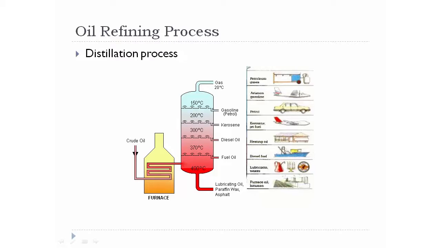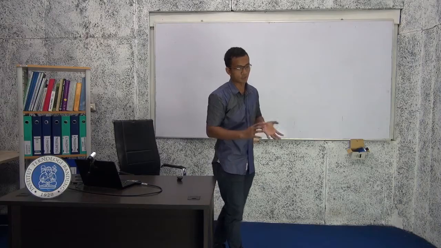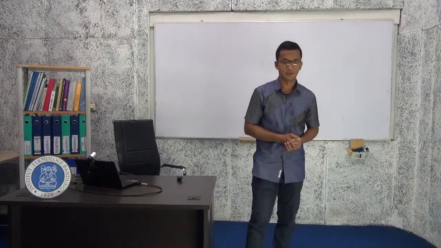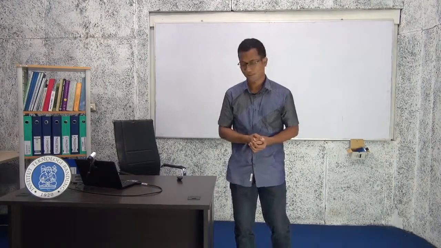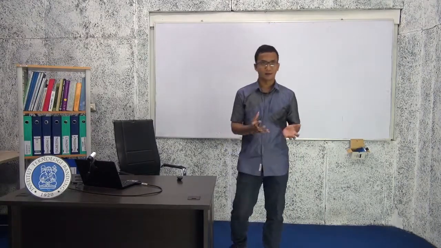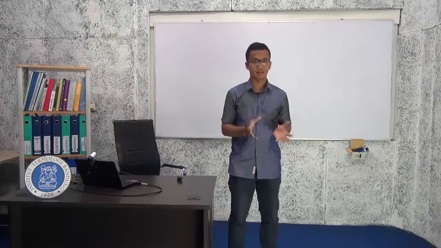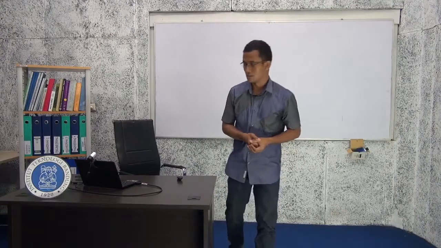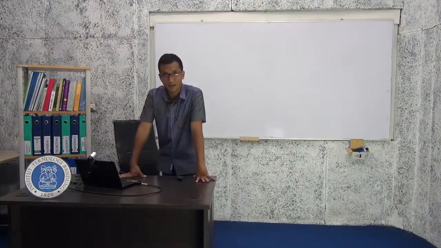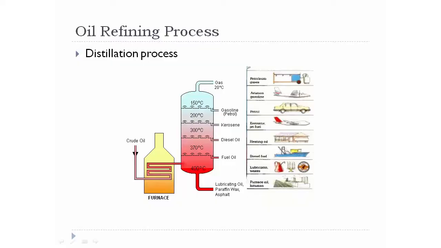If you look at it, it's based on, as I told you before, the boiling point. At the beginning, all of the hydrocarbons are boiled, and for example, at 400 degrees C, only lubricating oil, paraffin wax, and asphalt are in the liquid state.